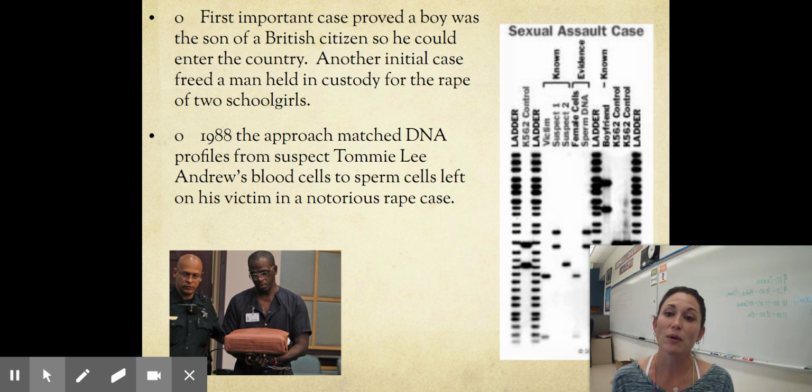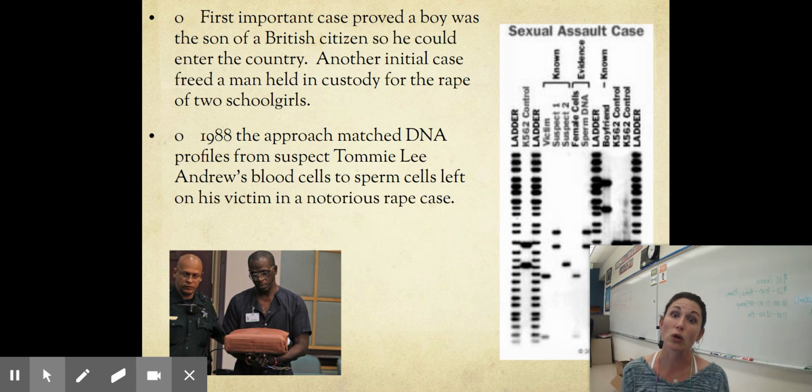He was supposed to be allowed to enter the country, but they had to prove that he was actually the son of a British citizen so that he could enter the country. They used DNA profiling to prove that his DNA matched the DNA of his father, who was in fact a British citizen.